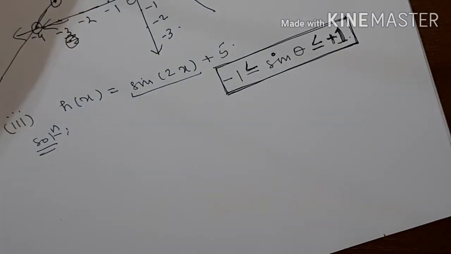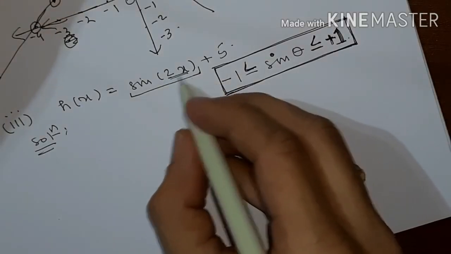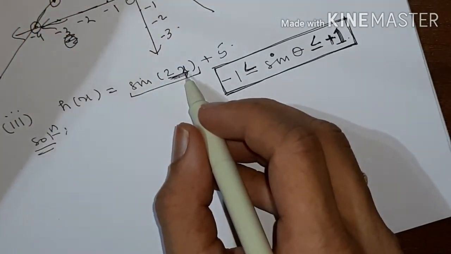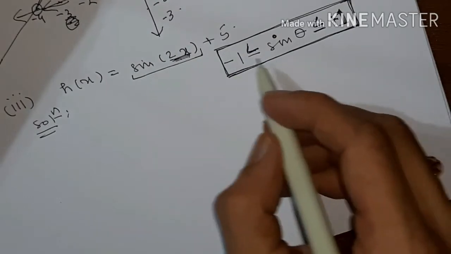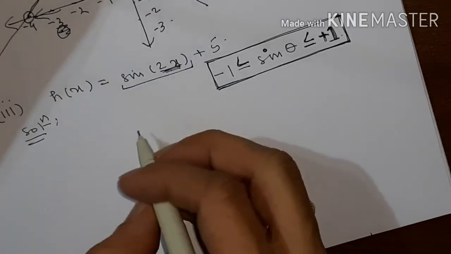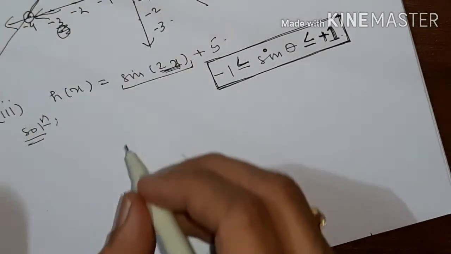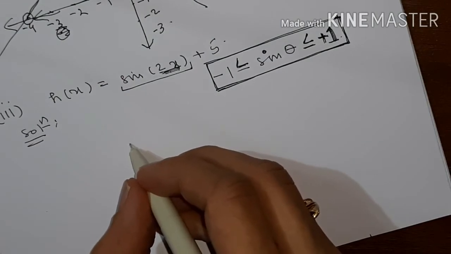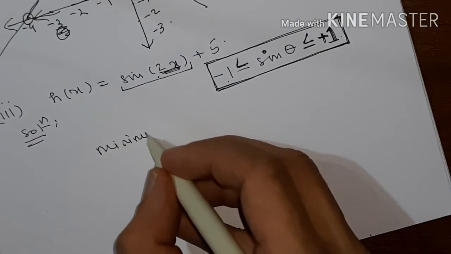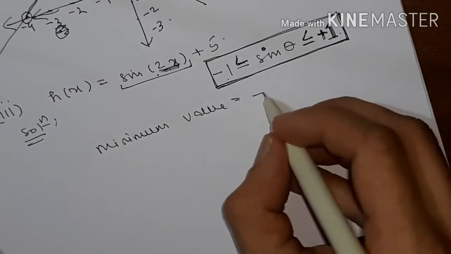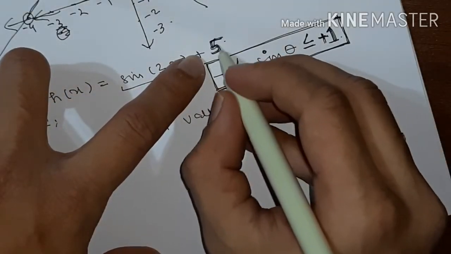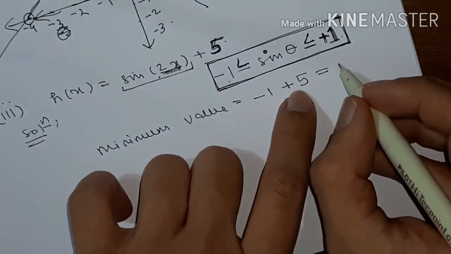So what is the minimum value for sine? Any theta you take, here it is 2x, for that theta the value will be between -1 and 1 for sine. So if this sine is the minimum, that is -1, plus 5, because 5 is a constant. So -1 plus 5 is 4.